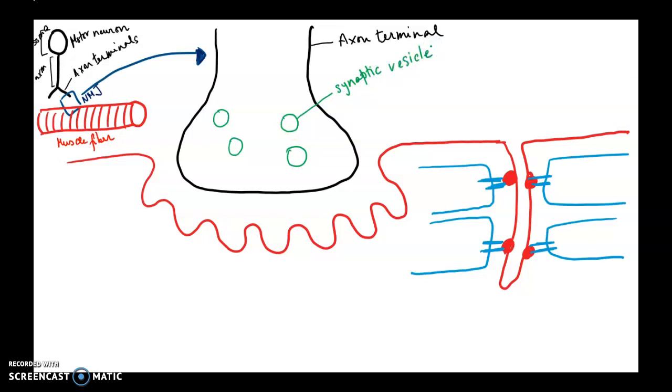The synaptic vesicles are filled with a neurotransmitter, and the neurotransmitter is called acetylcholine. This part of the axon terminal is also called the presynaptic membrane. What is this called? This is called presynaptic membrane.